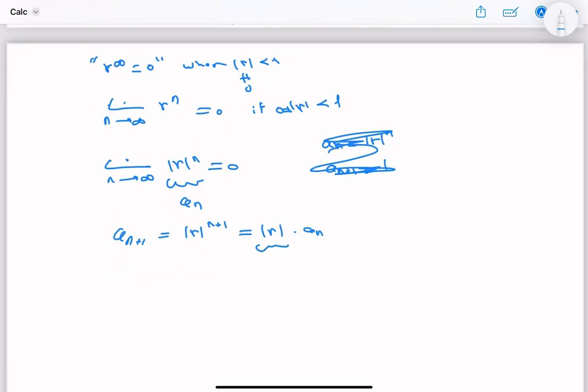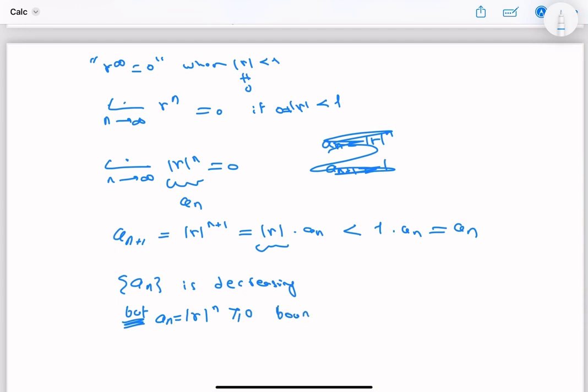Since the absolute value of r is less than 1, then this is strictly less than 1 times a_n, which means a_{n+1} is less than a_n, which means that this sequence a_n is decreasing, right? It's decreasing, but r to the n, which is a_n, is bounded below by 0. So this is bounded below by 0, right?